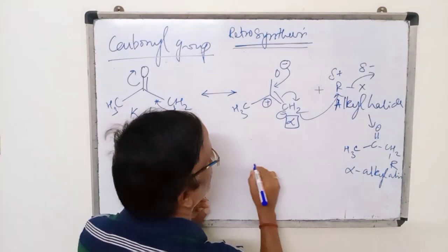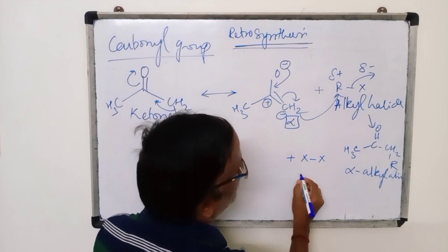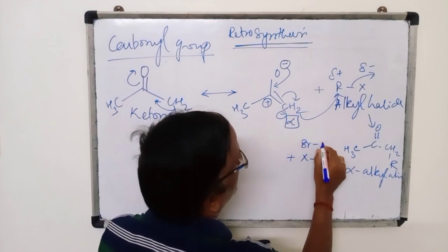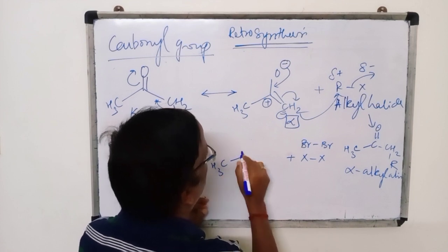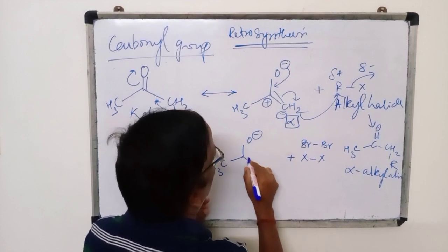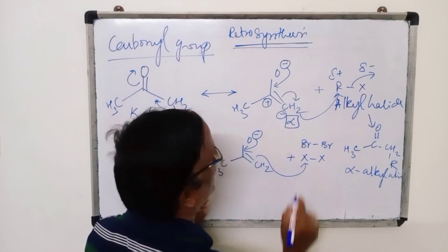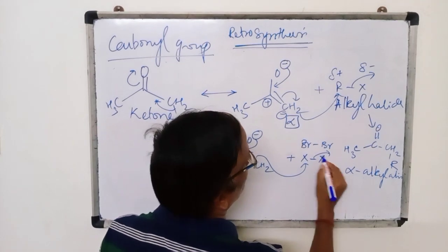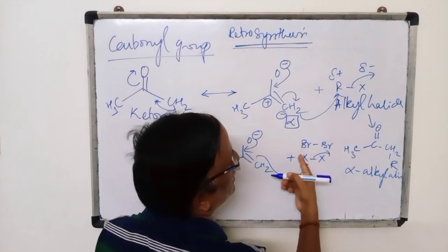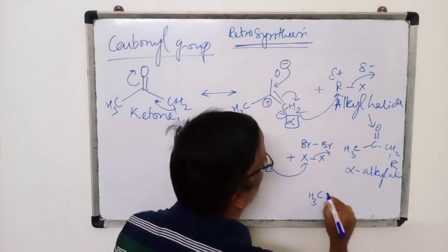I can also do the same thing with a halide, for example Br2. So this nucleophile which gets generated attacks one of the X groups and this gets eliminated. So obviously if it is Br, this gets added to give rise to this particular product. What is the product?